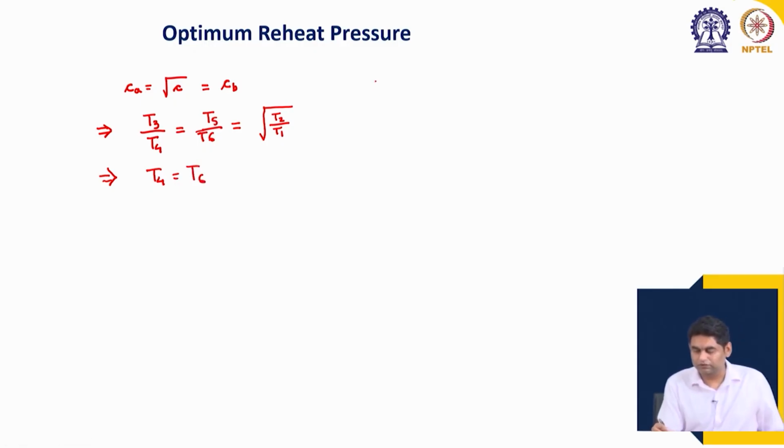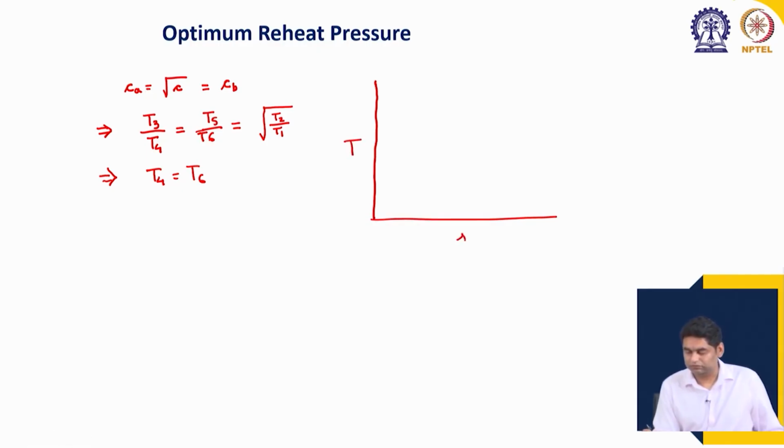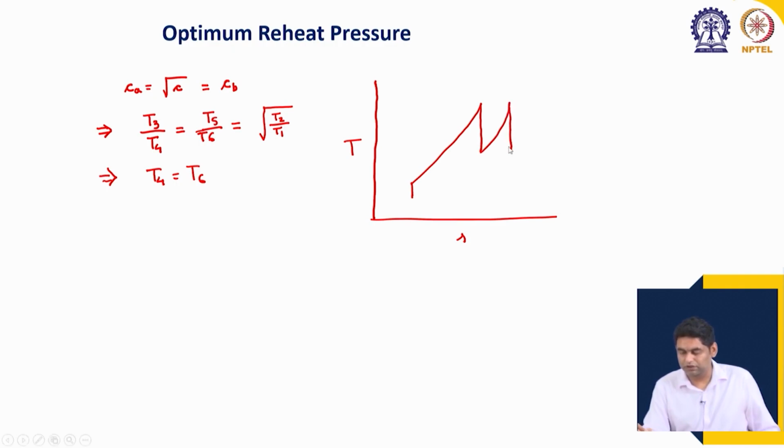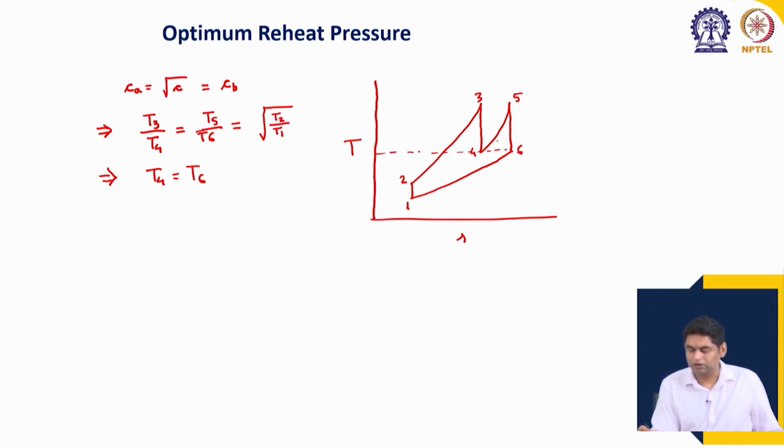So, the cycle will look like this. Both the expansion processes will be equal, because T3 by T4 equal to T5 by T6. So, 1, 2, 3, 4, 5, 6, and 4 and 6 are at the same height, and 3 and 5 are at the same height, on the temperature versus entropy graph.